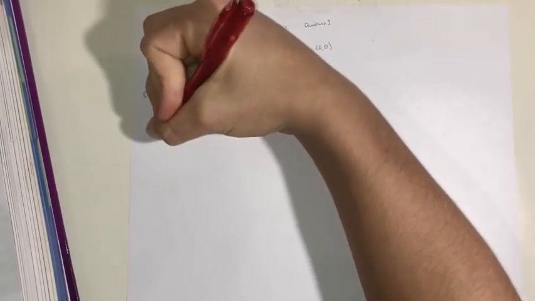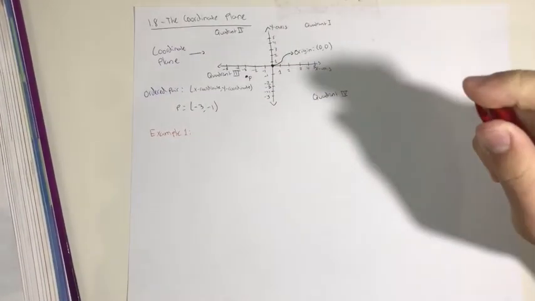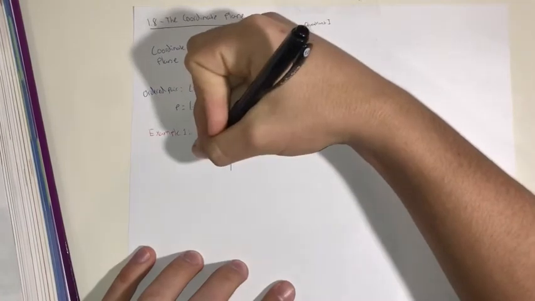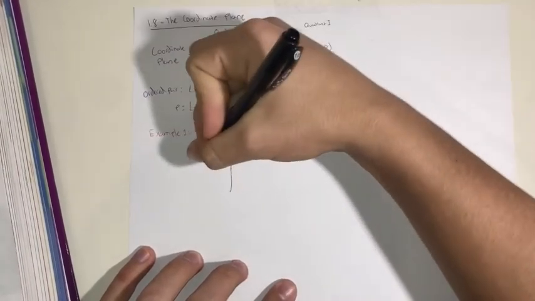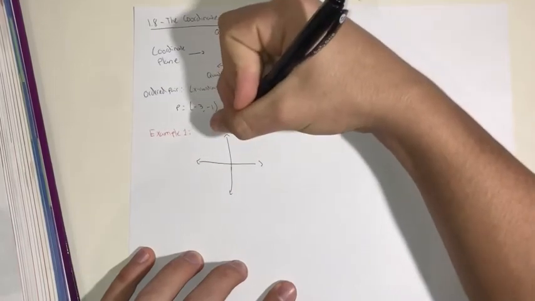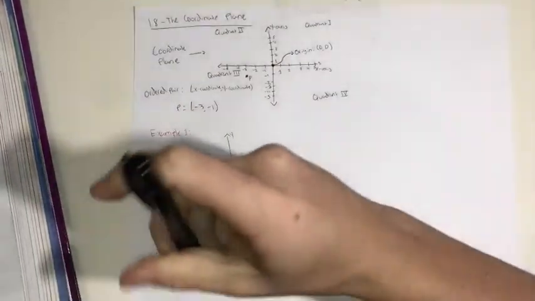So that brings us to our examples. Example 1. Give the coordinates of the point. So it gives us a graph with certain points. Note that this is the y-axis and this is the x-axis.